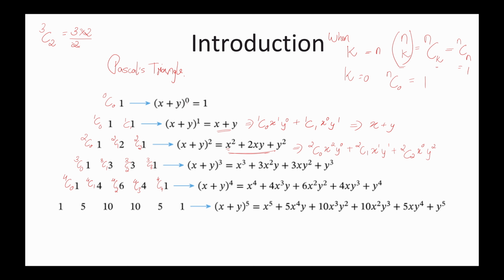Here 2c1 is 2, x to the power 1, y to the power 1, so 2xy, plus 2c2 becomes 1, x to the power 0 becomes 1, so we are left with just y square. And similarly, you can do this for the further equations as well. So basically, this Pascal triangle proves how we are expanding our binomial or any type of equation using the binomial theorem.